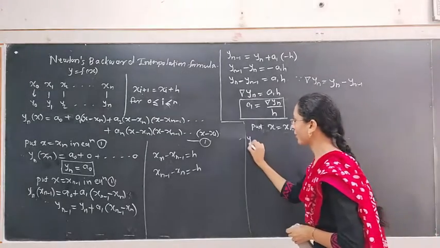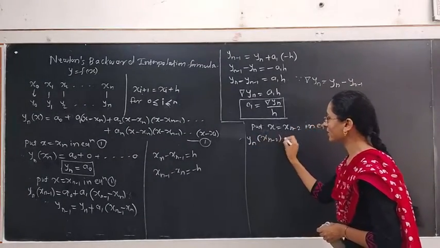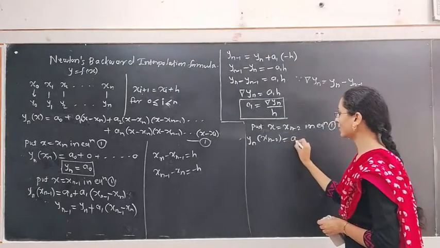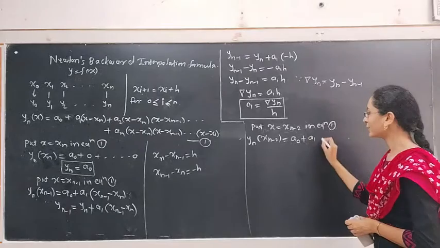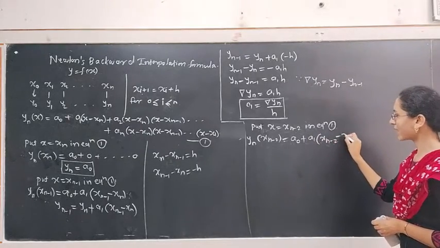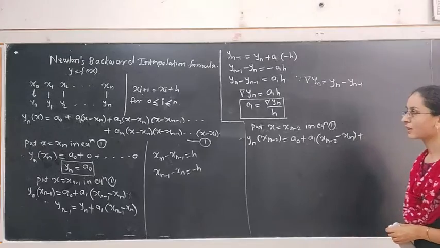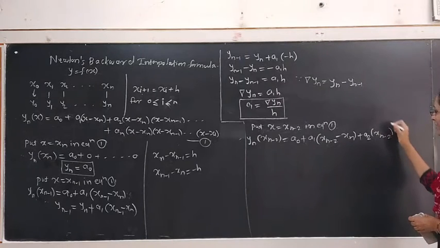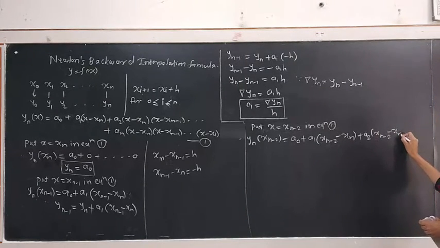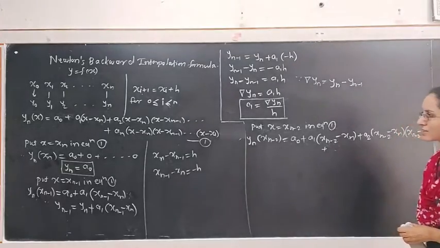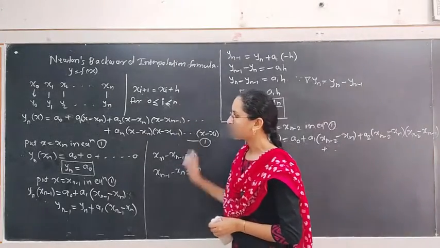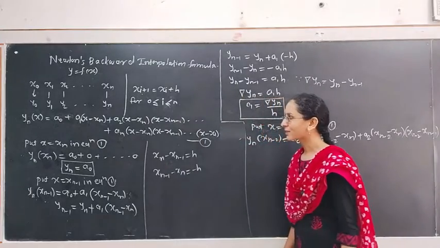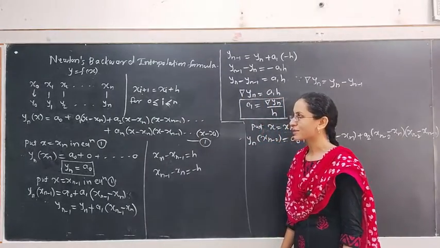The left side is y_n of x_{n-2}, which is equal to a0 plus a1 into (x_{n-2} - x_n) plus a2 into (x_{n-2} - x_n)(x_{n-2} - x_{n-1}) plus and so on. After the third term of this polynomial, all the terms contain the bracket (x - x_{n-2}).